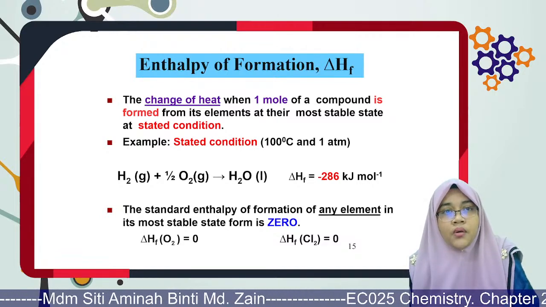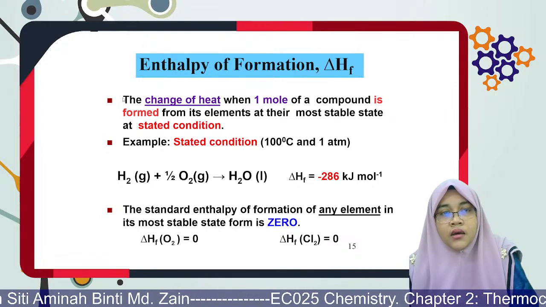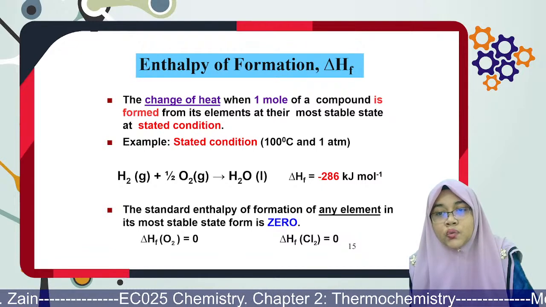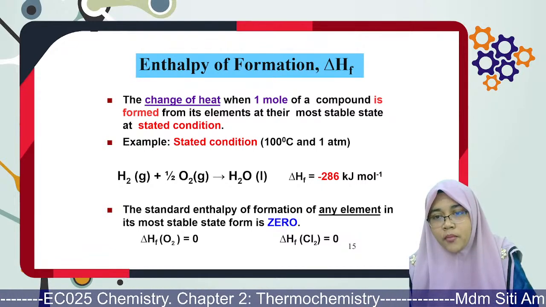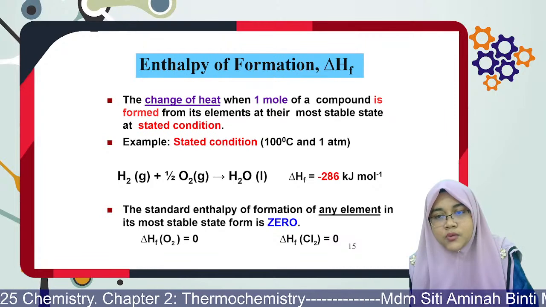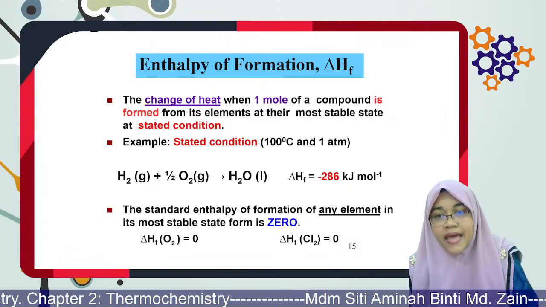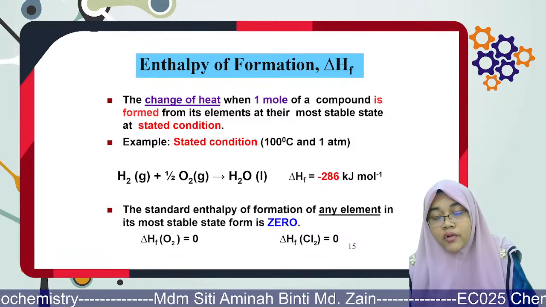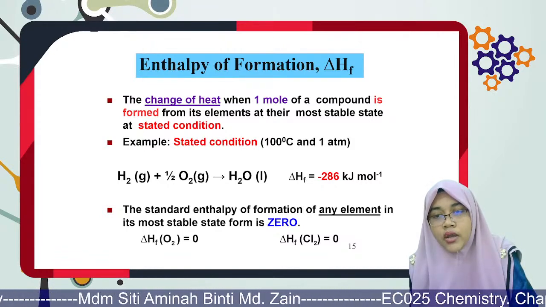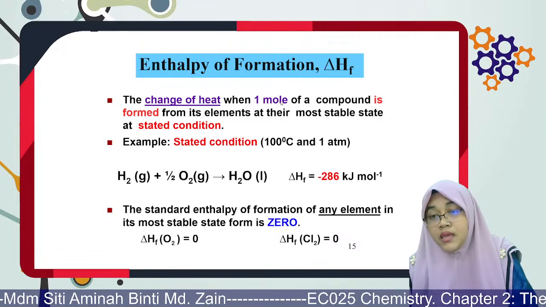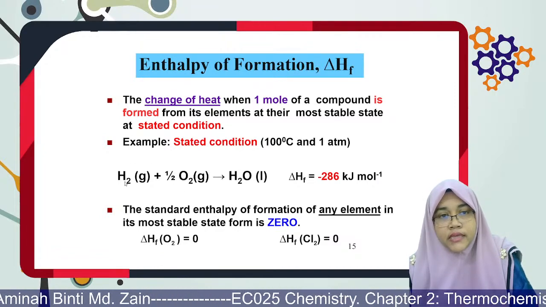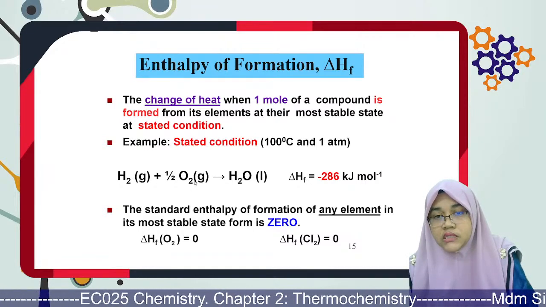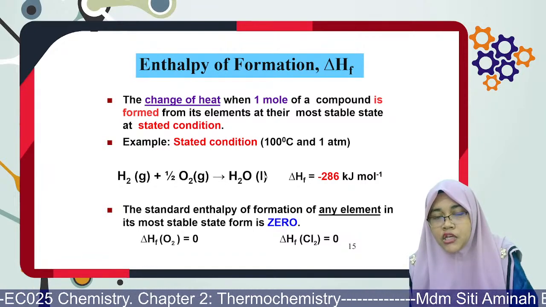So every word in this definition shows us how to write the enthalpy of formation in the correct way. That's why you have to remember and understand before you write your thermochemical equation of enthalpy of formation. So here we've got hydrogen gas reacting with half of oxygen gas forming H2O.